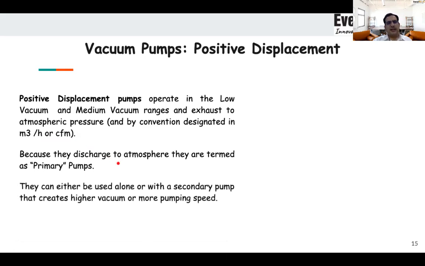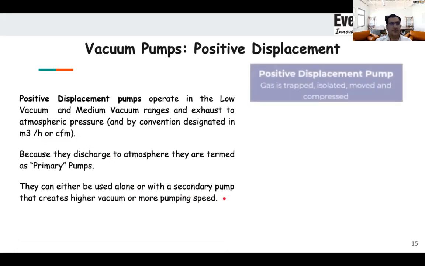These pumps can typically be used alone or along with a secondary pump that creates higher vacuum or more pumping speed. These secondary pumps are typically boosters, and primary pumps are typically dry screw pumps, liquid ring pumps and such technologies.